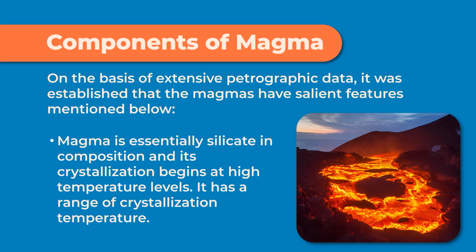Magma is essentially silicate in composition, and its crystallization begins at higher temperature levels, and in the range of crystallization the temperature decreases and it gives rise to different kinds of rocks.